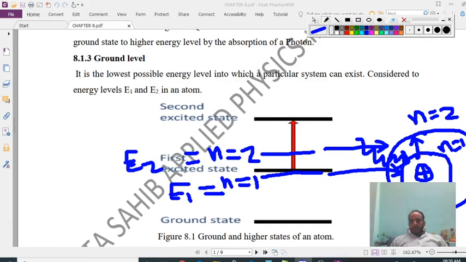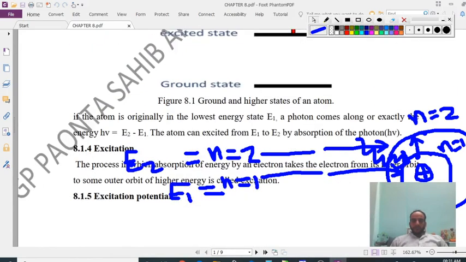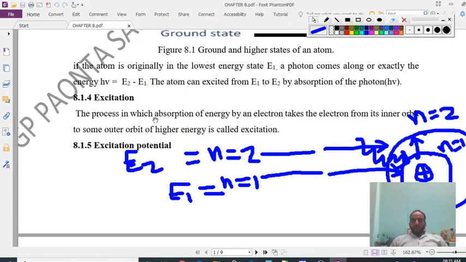The n is equal to 1 energy level is the lowest possible energy level, so this is known as the ground state energy level. In the single line diagram, this lower energy level n is equal to 1 is known as the ground state level, and n is equal to 2 is known as the higher state energy level.